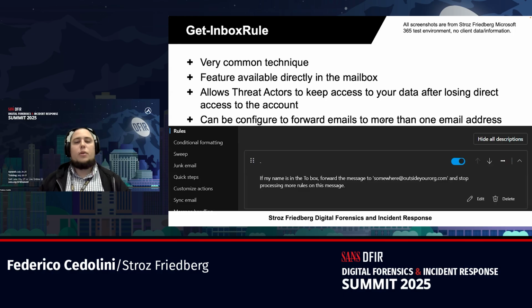But this feature can also be used to set up forwarding, meaning they can configure rules that allow any new incoming email to the compromised mailbox to be sent outside of your organization, therefore allowing them to keep some persistent access to your organization's data even after the account gets its password reset and multi-factor authentication reset.